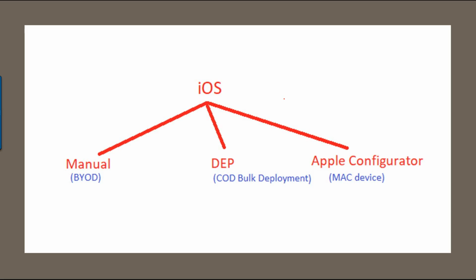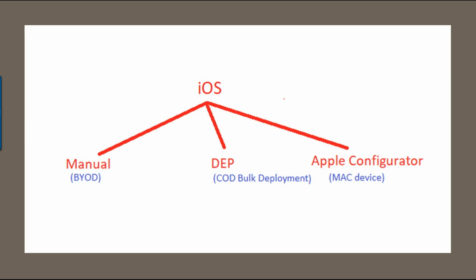Along with an APNS, we need to set up a DEP token, we need to set up a DEP profile, and we need to have the serial number of all the devices. There's a separate nugget on setting up DEP and leveraging DEP. You might want to refer to that. But for now, just know that if it's a corporate device, we might as well enroll it as a DEP device and leverage this functionality of Apple.